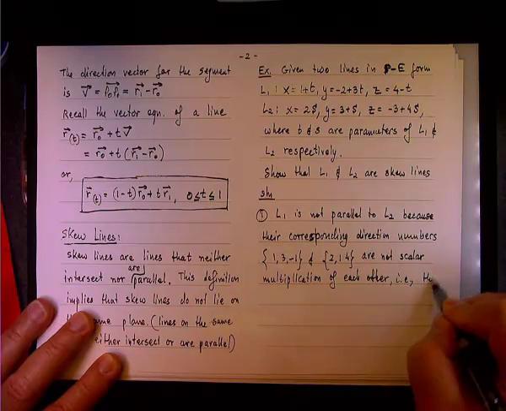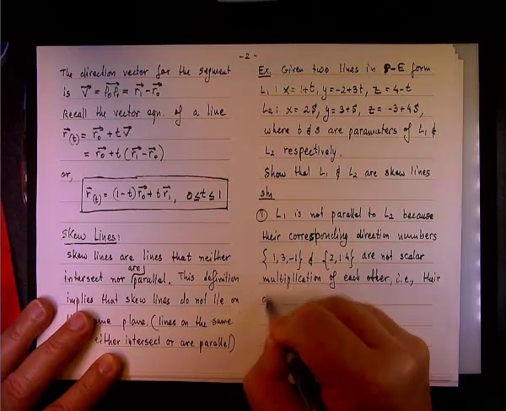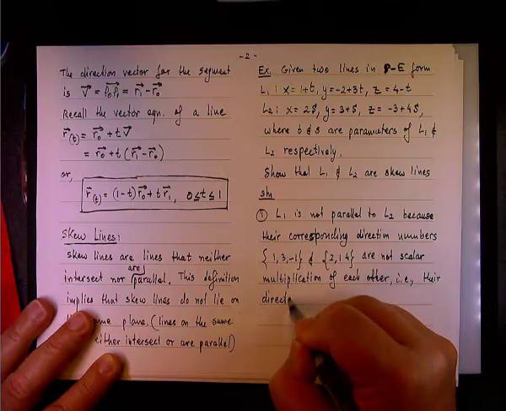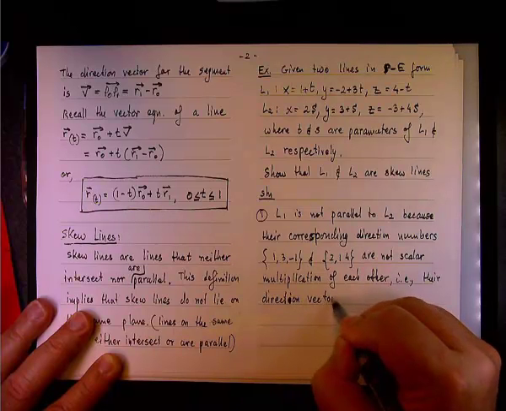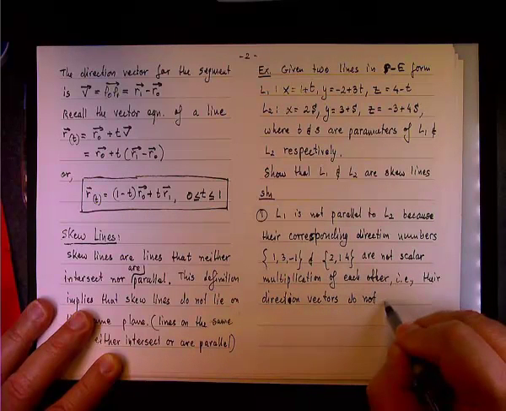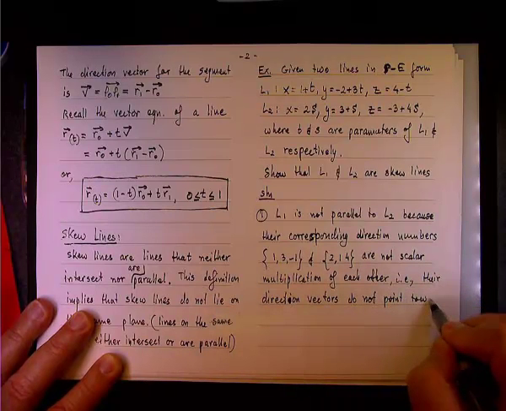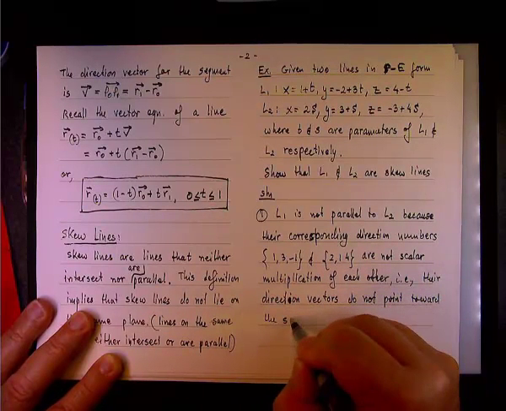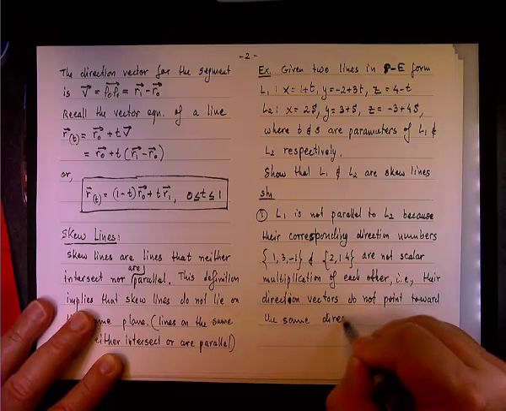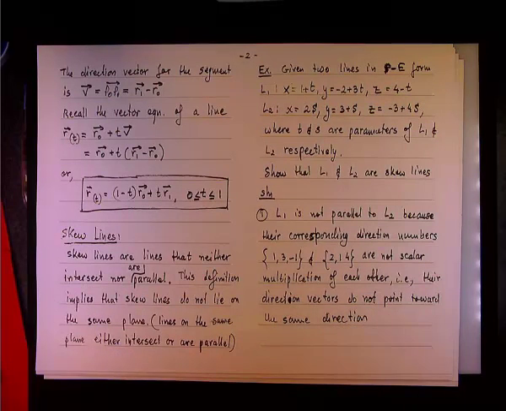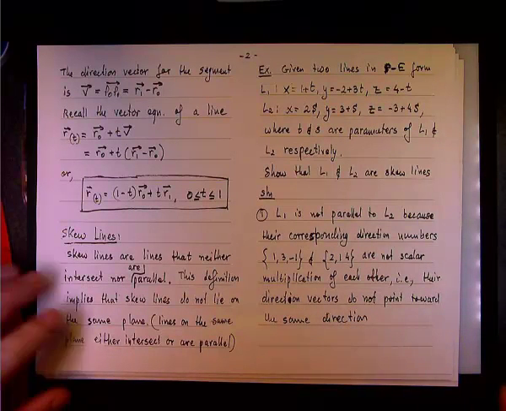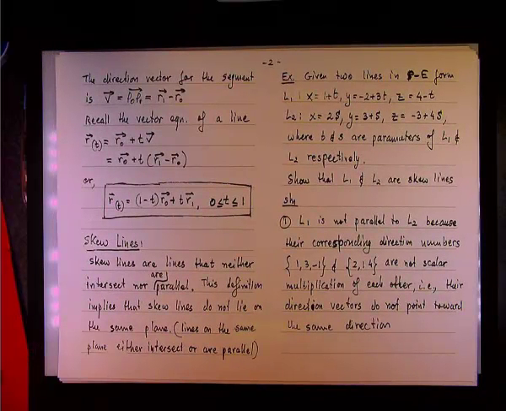So they are not scalar multiples of each other, i.e., their direction vectors do not point in the same direction. So we showed that they are not parallel.